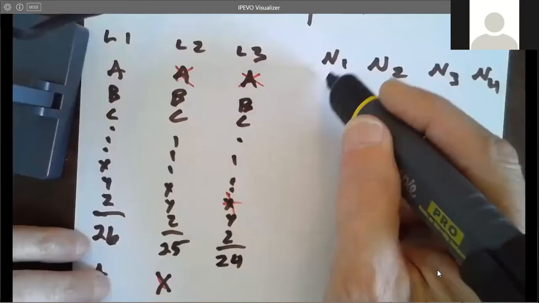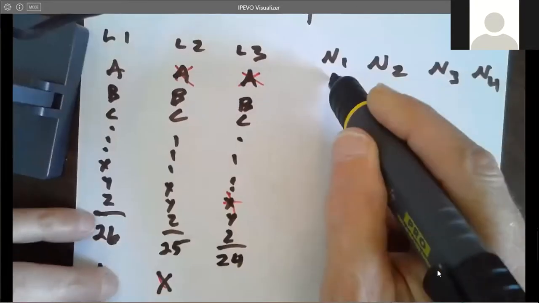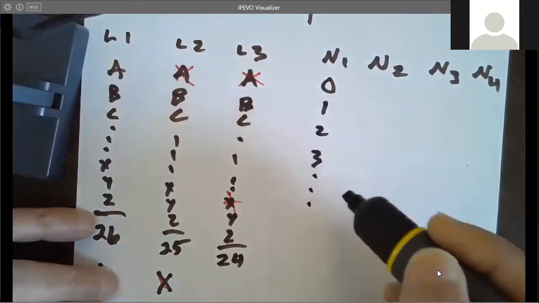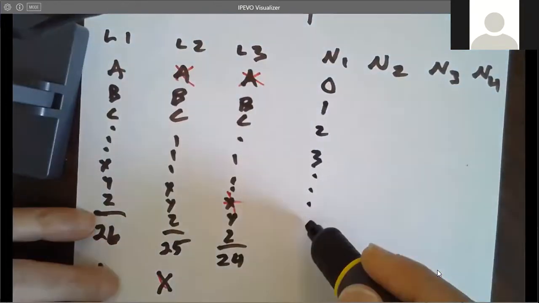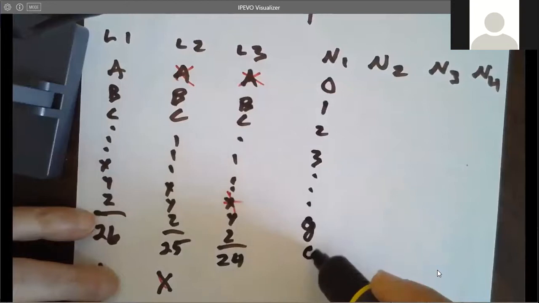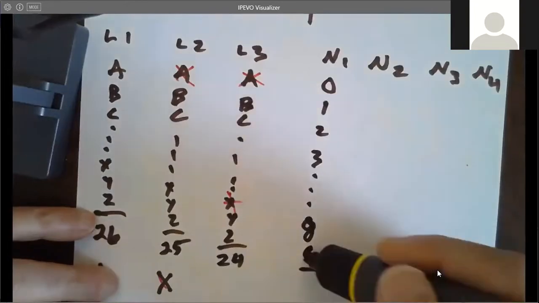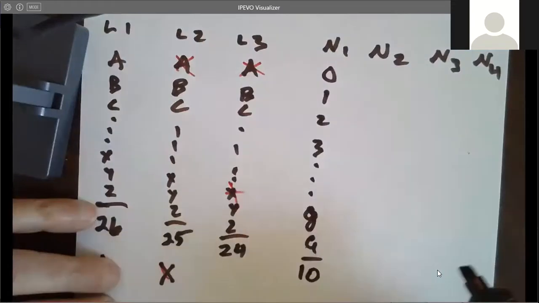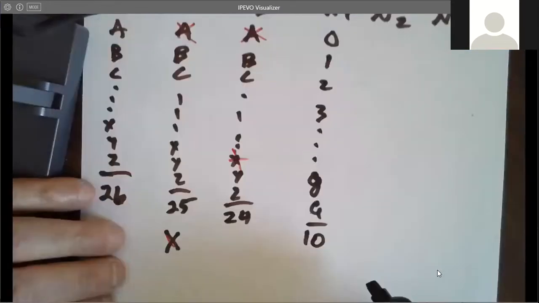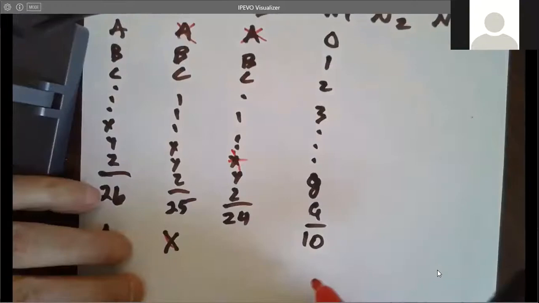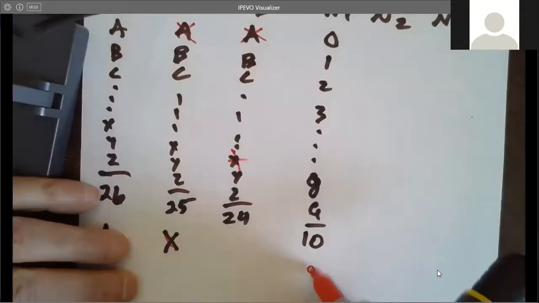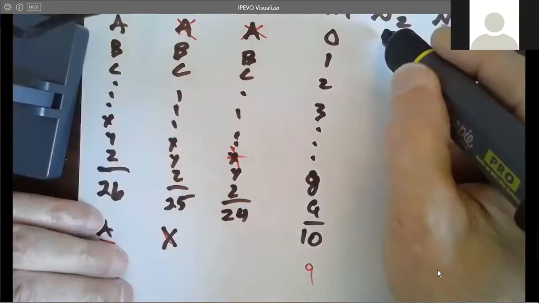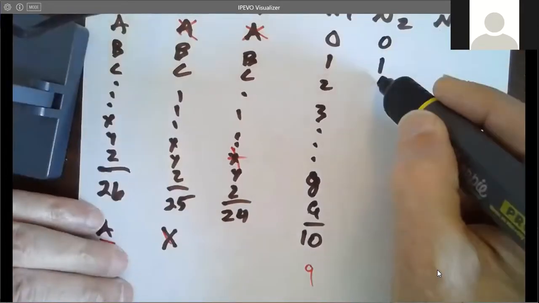Okay, now the numbers. The numbers start with 0, 1, 2, 3, all the way to 9. So that's 1 through 9 is 9, but plus 0 is 10. And again, since we can't repeat, if we choose, let's say, 9 for the first number, well, 9 can't be used again, right?